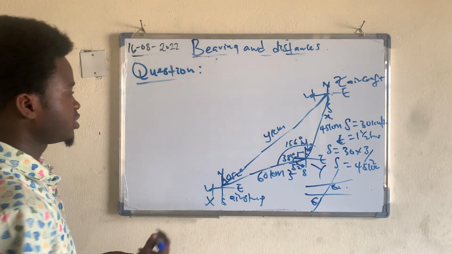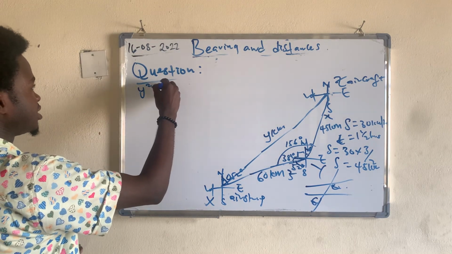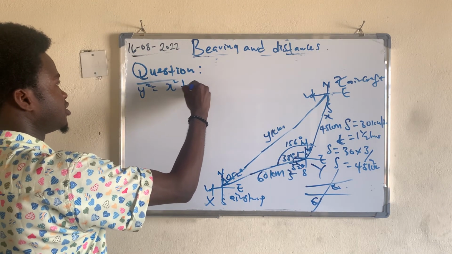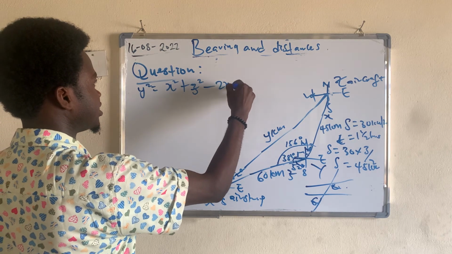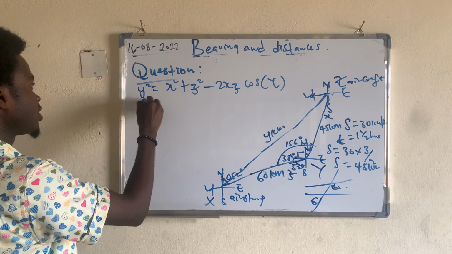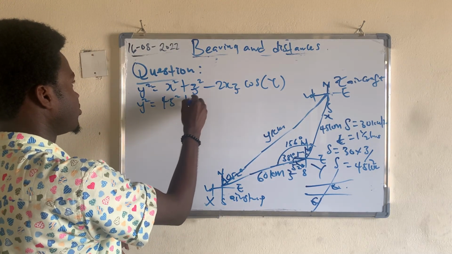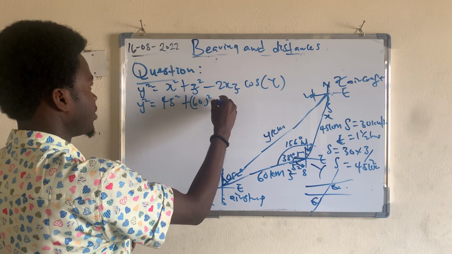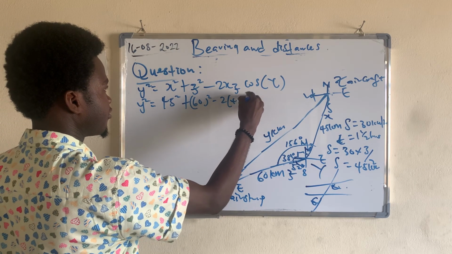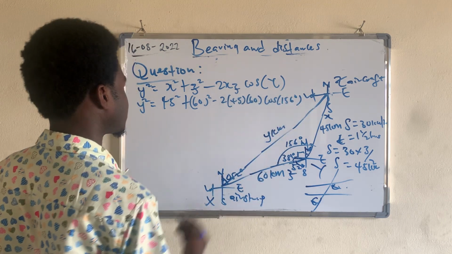Our cosine rule states that y squared is equal to x squared plus z squared minus 2xz cosine y. So your y squared is equal to, our x is 45 squared plus 60 squared minus 2 by 45 by 60 cosine 156 degrees.